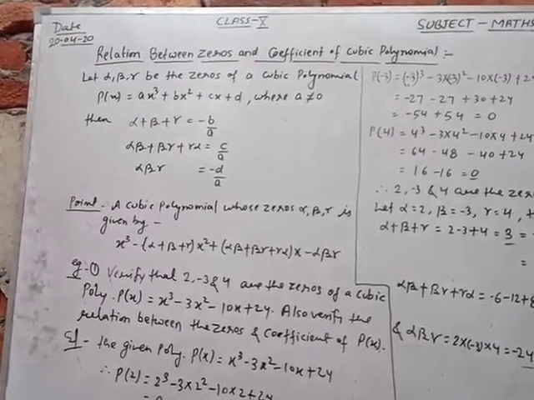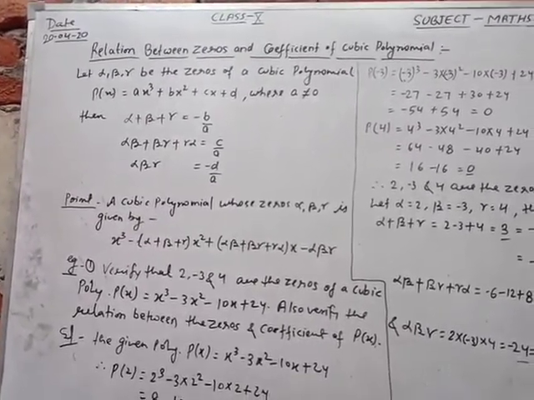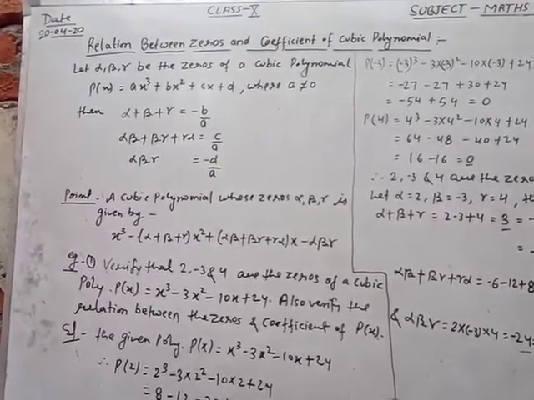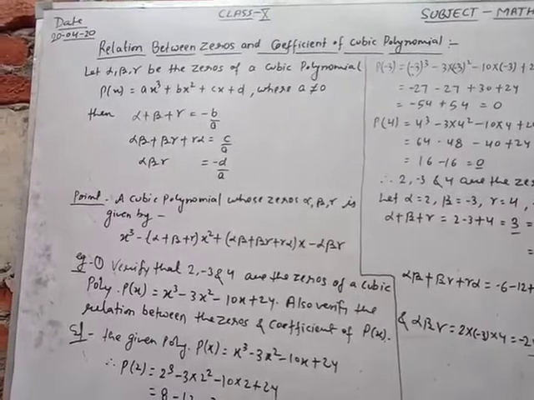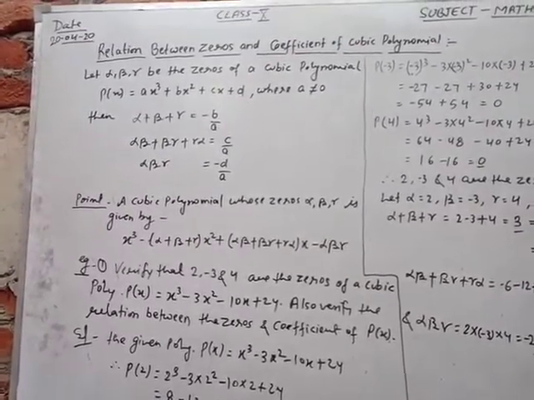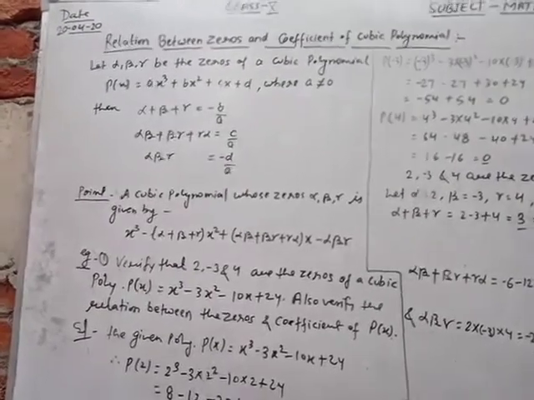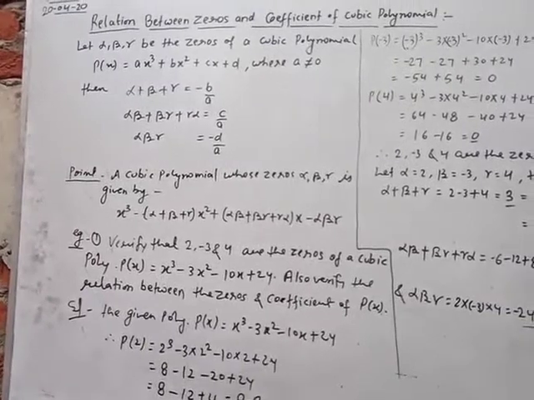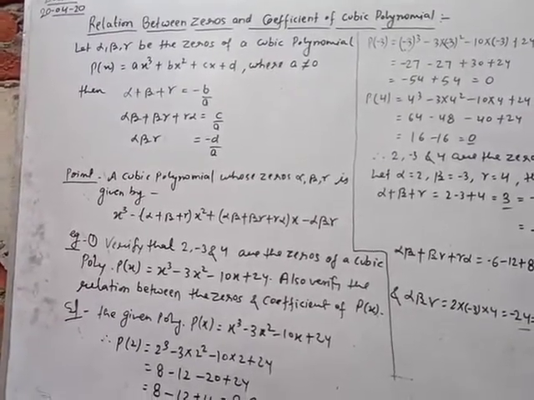Now students, if you are given the sum of zeros, sum of product of zeros and the product of zeros, and you have to find the equation of cubic polynomial. So see the point I wrote on the board: a cubic polynomial whose zeros are alpha, beta, gamma.